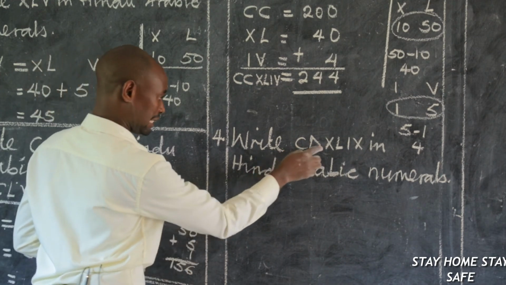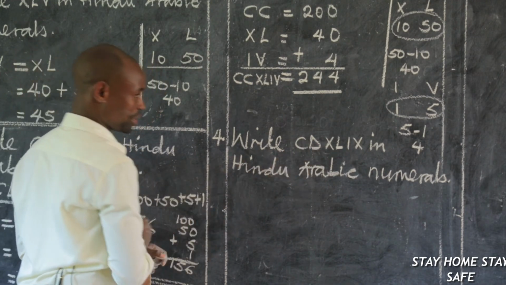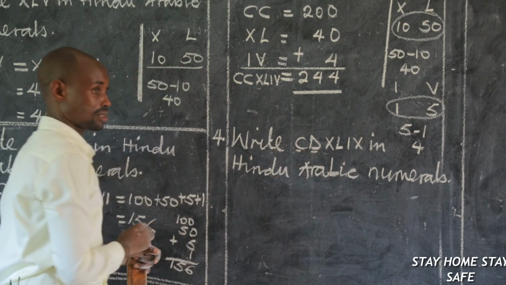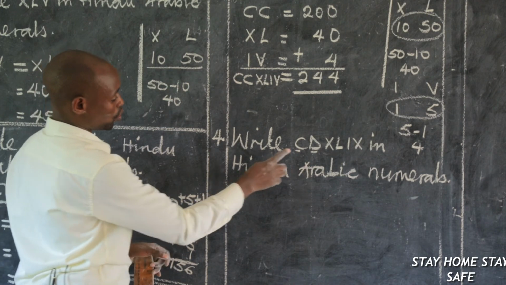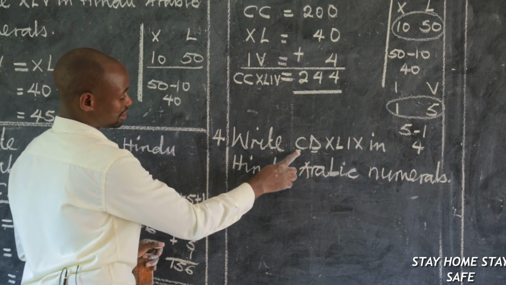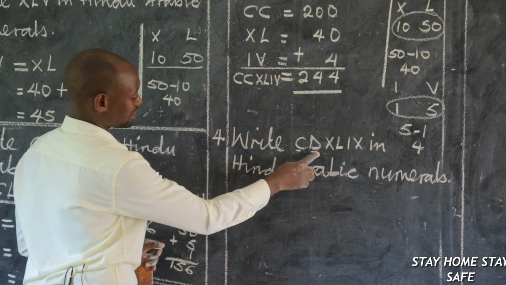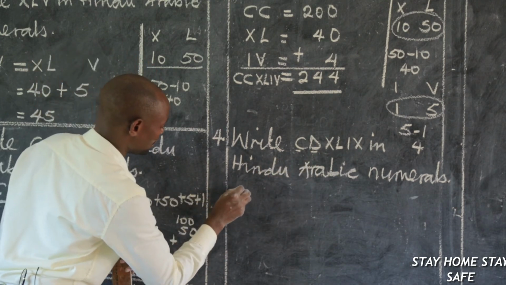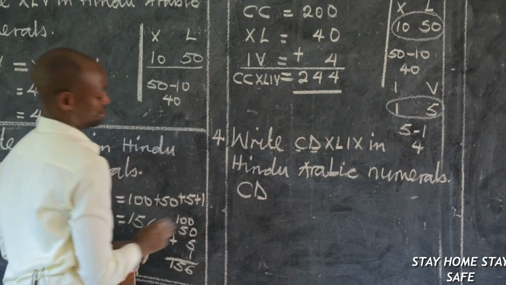So look at C and D. C and D, which one is bigger? C is smaller than D. And you remember what I have told you? When a smaller number begins, then you don't separate. So C and D are inseparable. So it will remain CD.